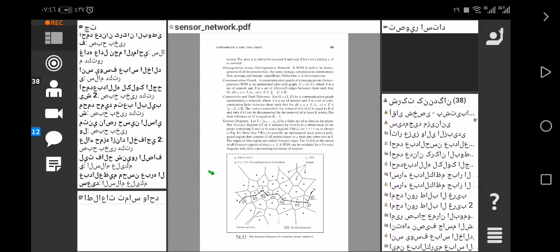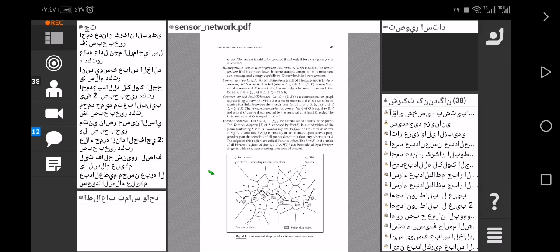The connectivity of G is equal to K if and only if G can be disconnected by the removal of at least K nodes. If you remove K nodes from the graph, your graph becomes disconnected.